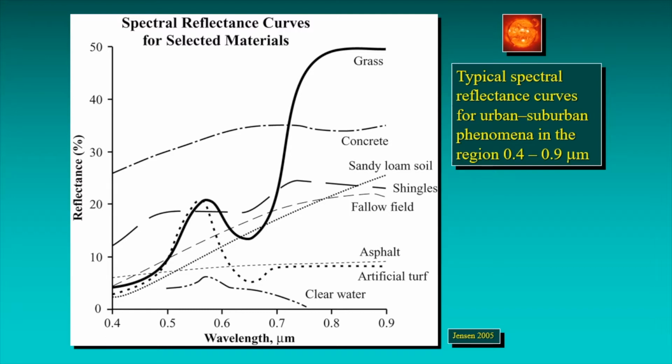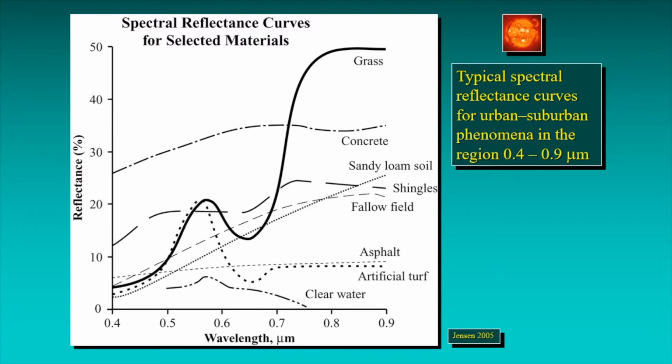So artificial turf to the naked eye looks green. It approximates green grass, right? Grass has higher reflectivity in the green portion of the spectrum and higher amounts of absorption in the blue and the red. And likewise with artificial turf. So artificial turf mimics what grass would look like to the naked eye in the visible portion of the spectrum.